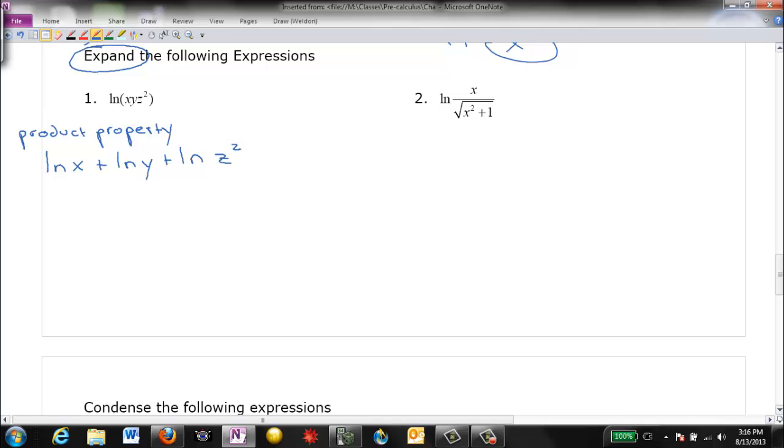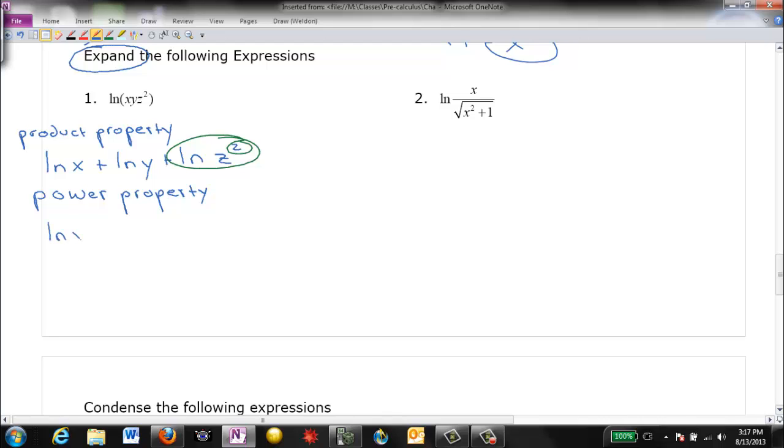And I can expand a little bit more even, because notice on this natural log of z down here, on this part of the equation, I have a 2 in the exponent. Using the power property, I can pull that 2 out front of the natural log.